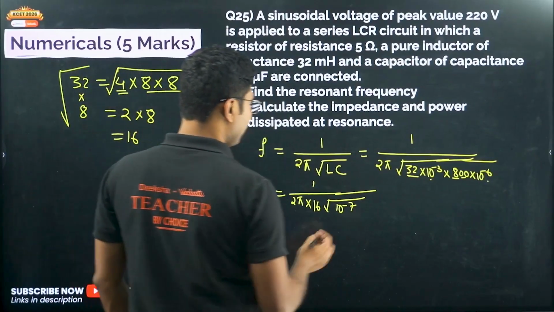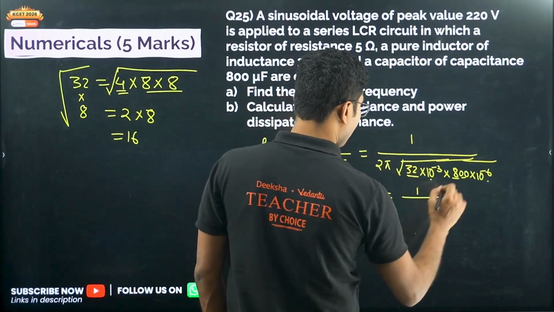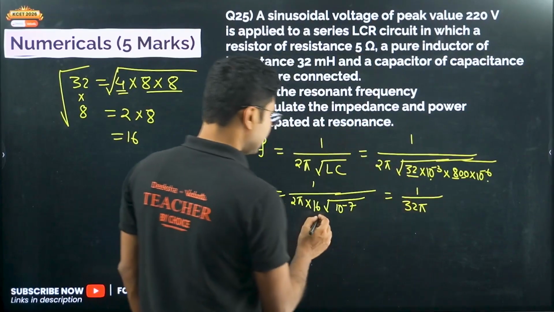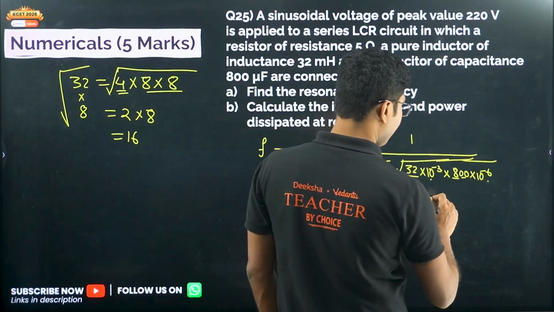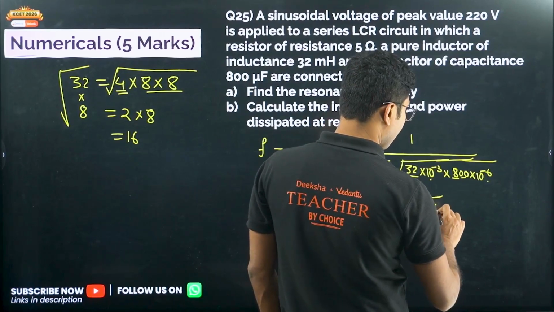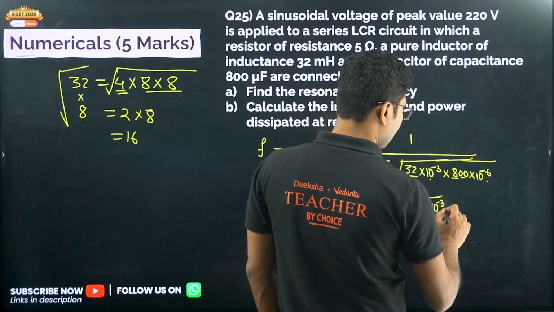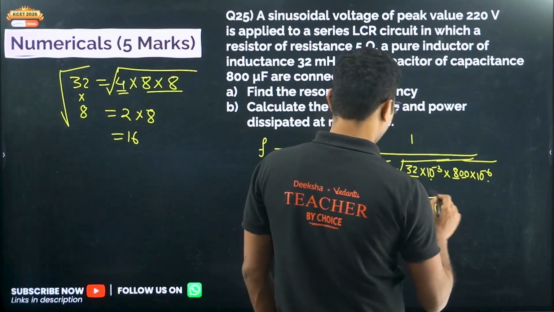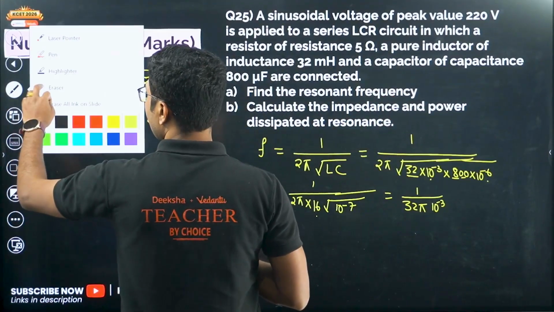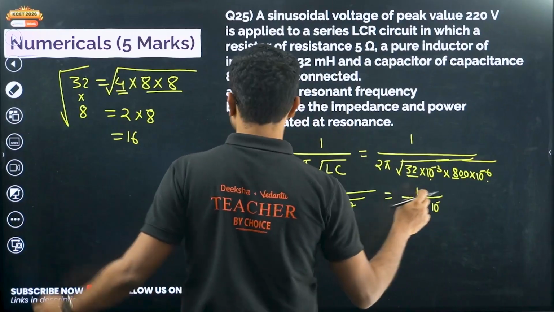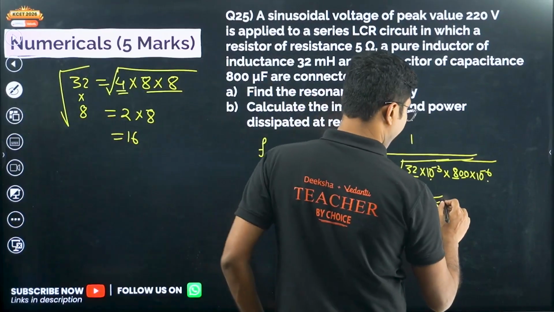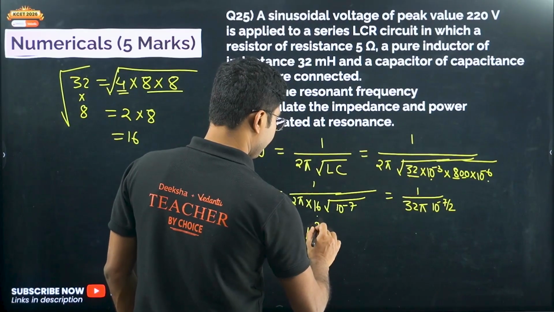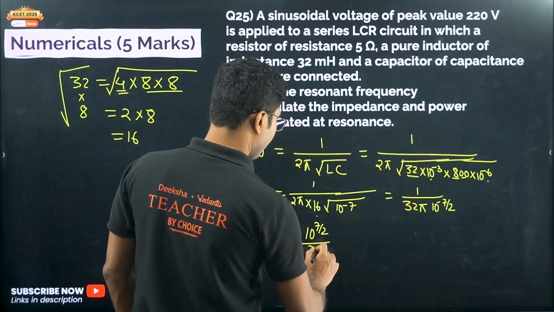Okay, so resonance frequency will be 1 upon 32 pi, 16 into 2 is 32, 10 to the power of minus 7, which will be 10 to the power of minus 3.5 or minus 7 by 2. Or it will be 10 to the power of 7 by 2 by 32 pi.